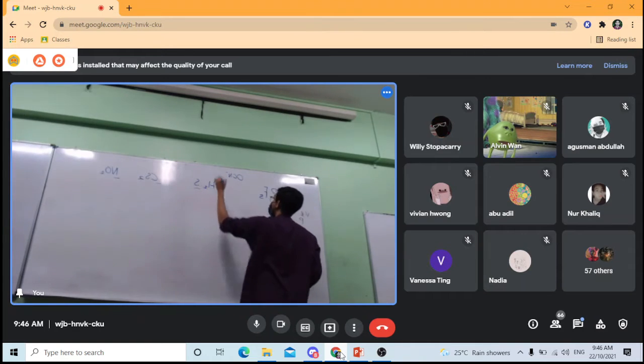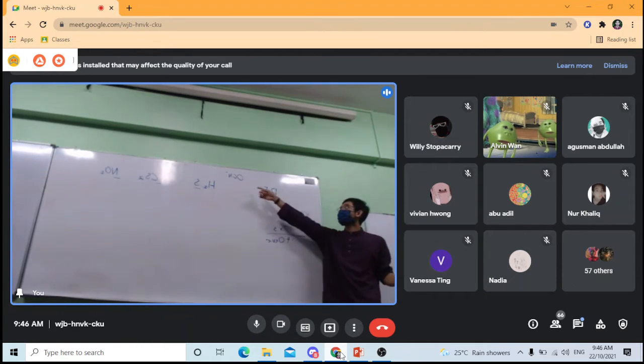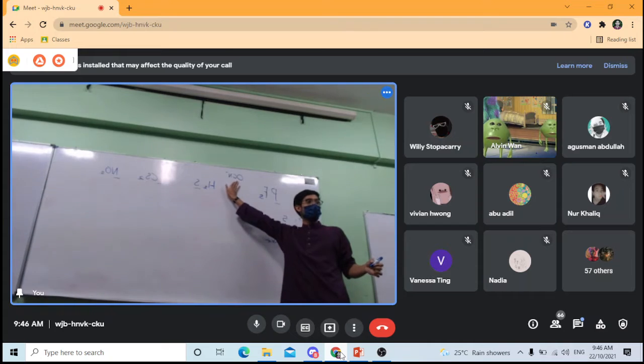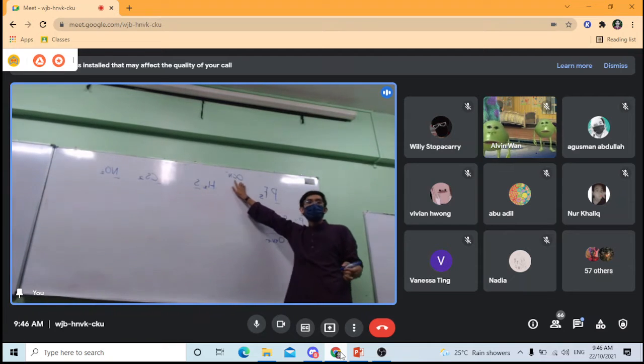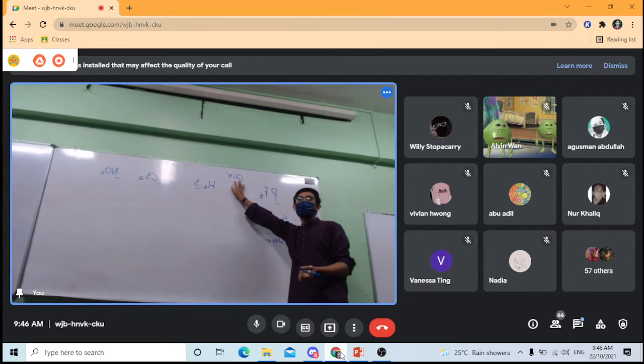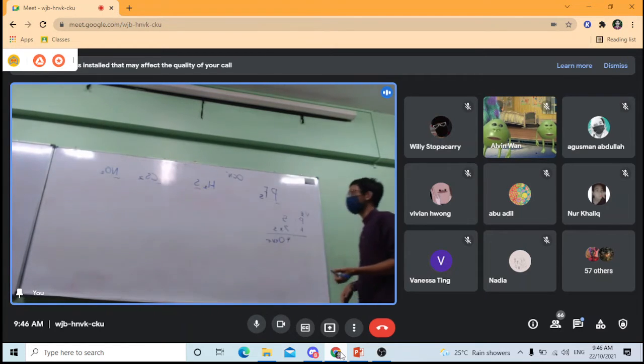But we also have contohnya OCN minus. Right? This kind of molecule semua ada satu je, so you tak tahu nak letak mana tengah. So tengok yang mana? Less electronegative ke more electronegative ke? Yes. So you pick the less electronegative.